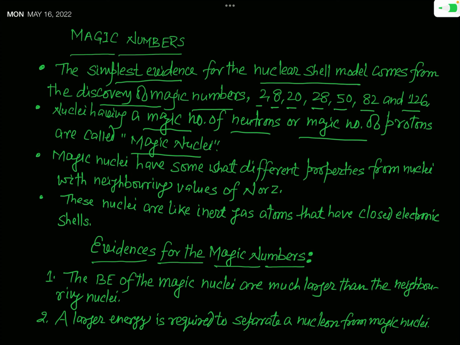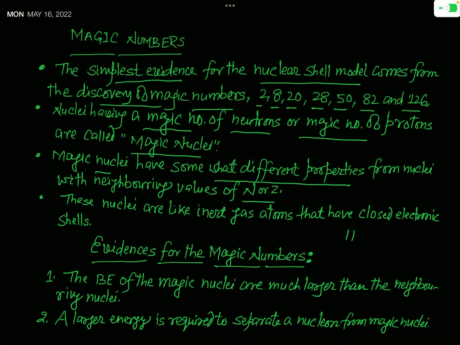These magic nuclei have some different properties from the nuclei with neighboring values of N or Z. These magic nuclei are just like the inert gas atoms. In the case of inert gas atoms, all the shells are closed.